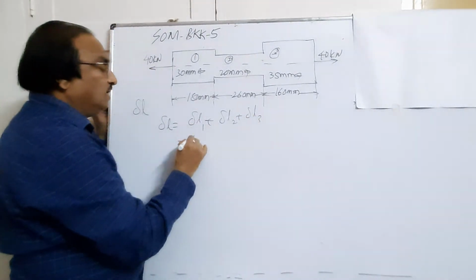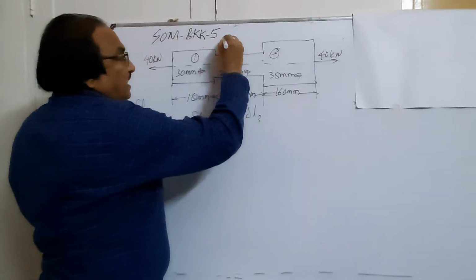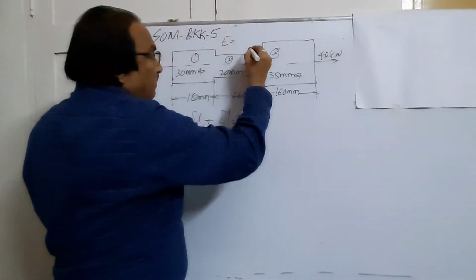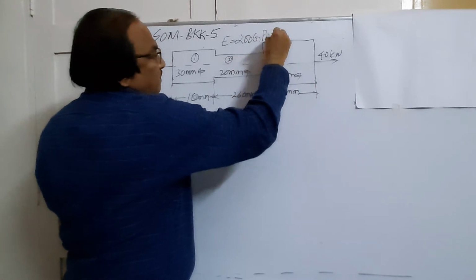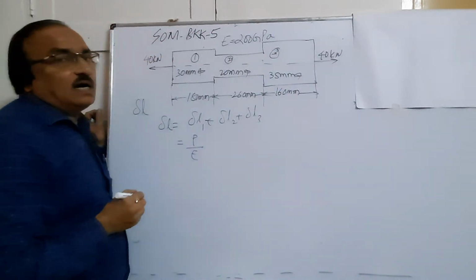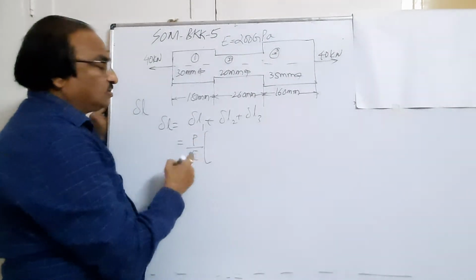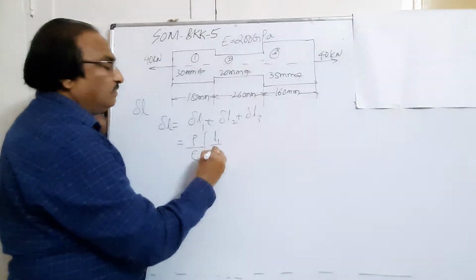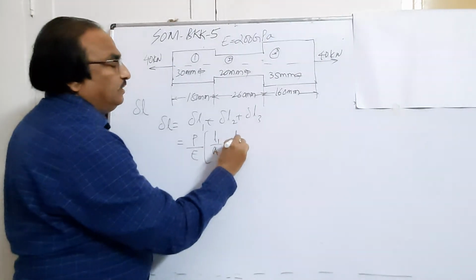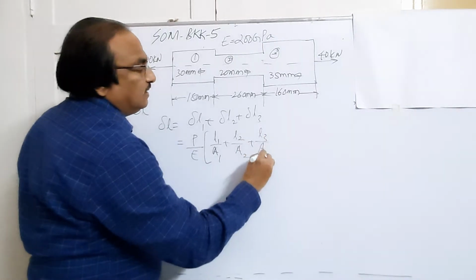We have seen P is the same, Young's modulus is the same. If I take Young's modulus in this problem as 200 GPa, gigapascal, P by E is constant, just as we have seen. So left out is L1 by A1 plus L2 by A2 plus L3 by A3.